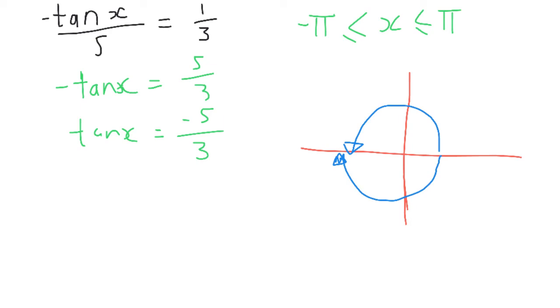I'm looking for tan to be negative here because I've got a negative in the final line where I've made tan x my subject. So I'm looking at quadrant 2 and quadrant 4, which means I'm going to have one solution between pi over 2 and pi, and another solution between 0 and negative pi over 2.